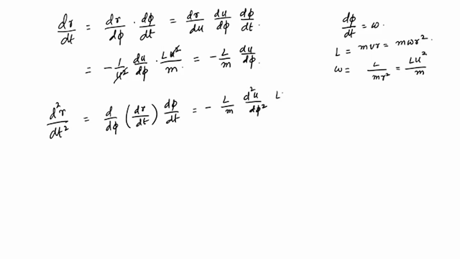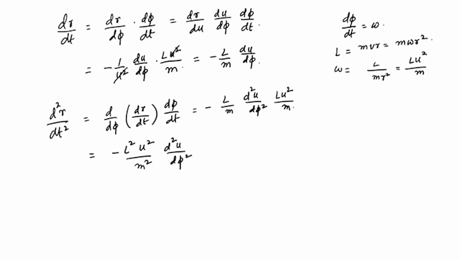So, we are slowly cruising at this d2u d phi 2, where u is nothing but 1 over r. So, a relationship is emerging between r and phi. If we can find from this force equation an equation which gives you a trajectory, that is what we are looking for. This can be simplified as minus L square u square by m square d2u d phi 2, where m is the mass of the alpha particle.